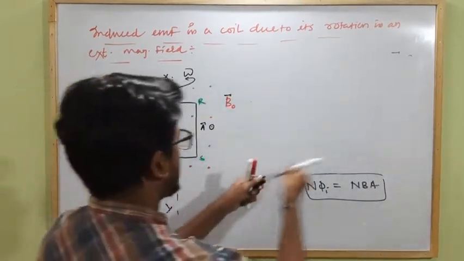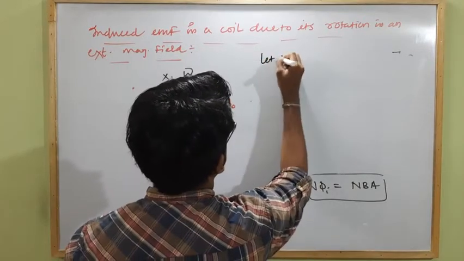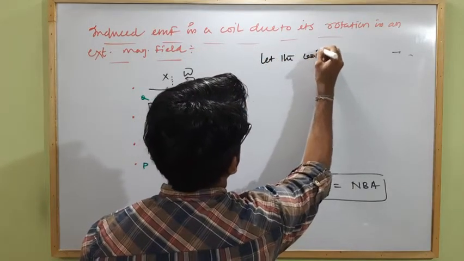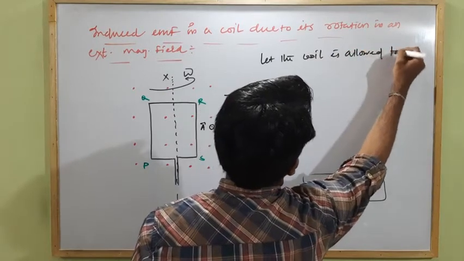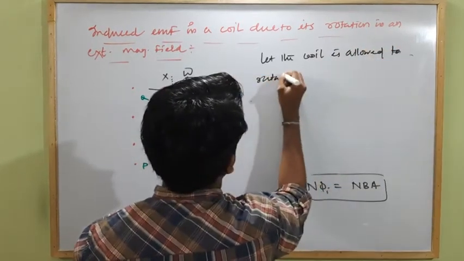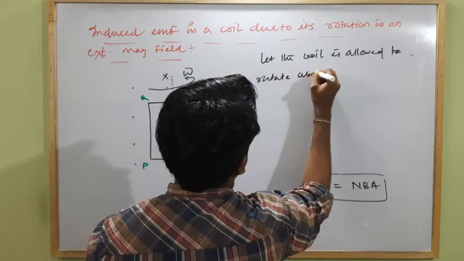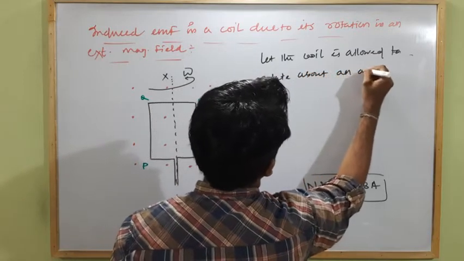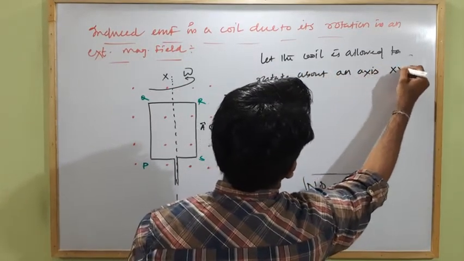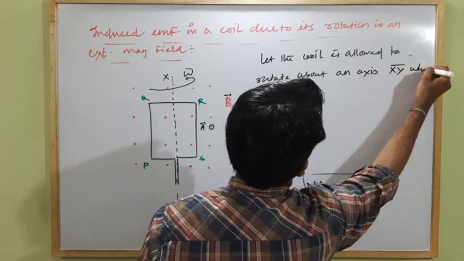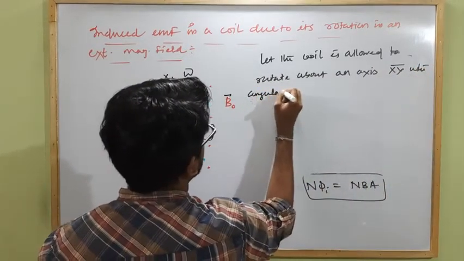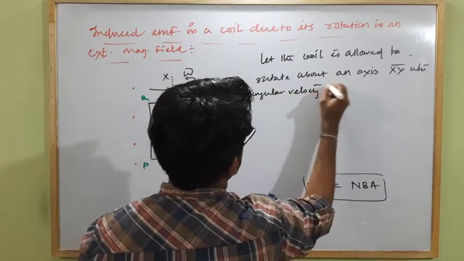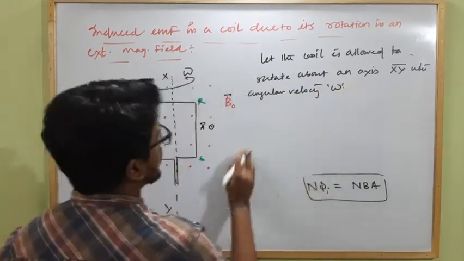Let the coil be allowed to rotate about an axis xy with angular velocity omega. Clear?